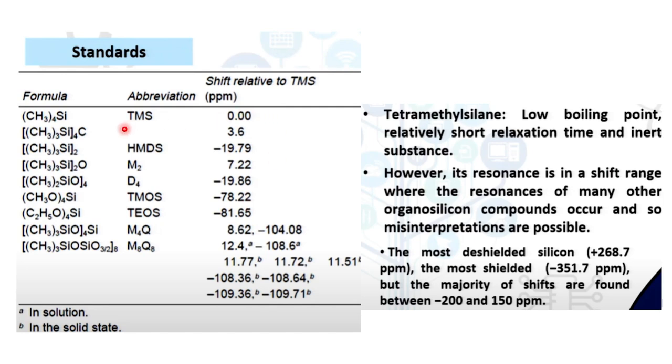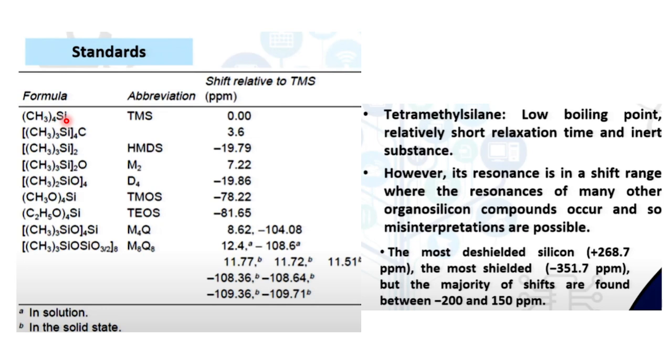Now, there are different standards for silicon based samples. As we know, TMS is used for proton NMR, 1H NMR. Here you can also go for tetramethylsilane because it has a low boiling point, relatively short relaxation time and is an inert substance. But the problem is its resonance is in a shift range where the resonances of many other organosilicon compounds occur.